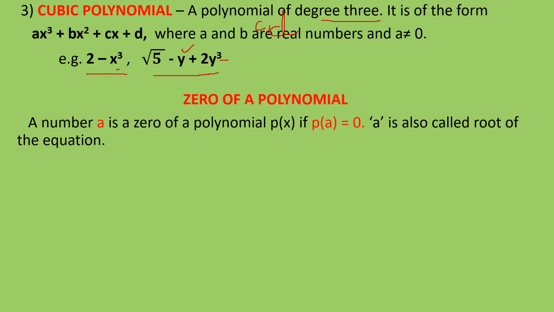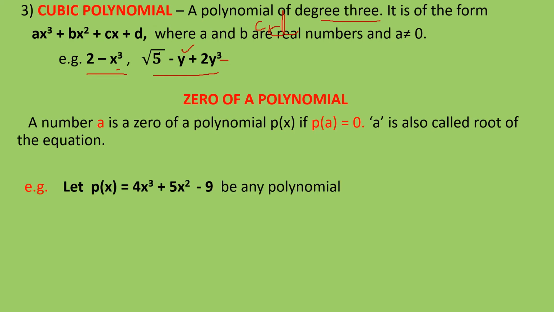If we put any value of x, x equal to 0, 1, 2, 3, any value, in the polynomial, and after putting the value, the value of the polynomial comes out 0, that means the value which we have put in the polynomial is the zero of the polynomial.